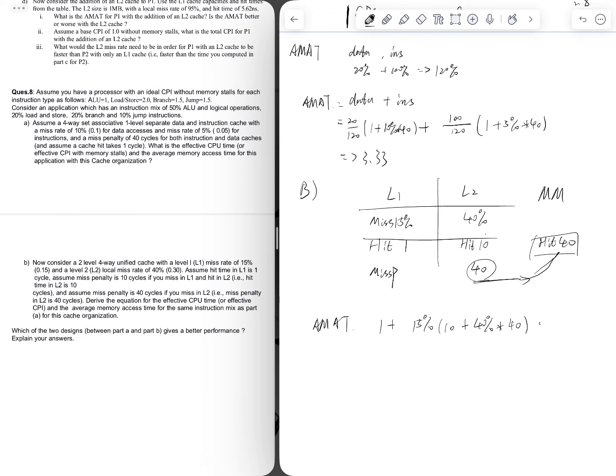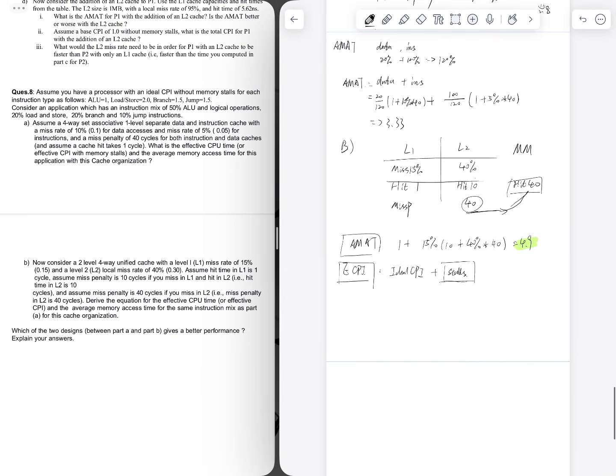Here will give us 4.9 cycles. So how about the effective CPI or the CPU time? We'll consider the effective CPI to be the ideal CPI plus the stalls.